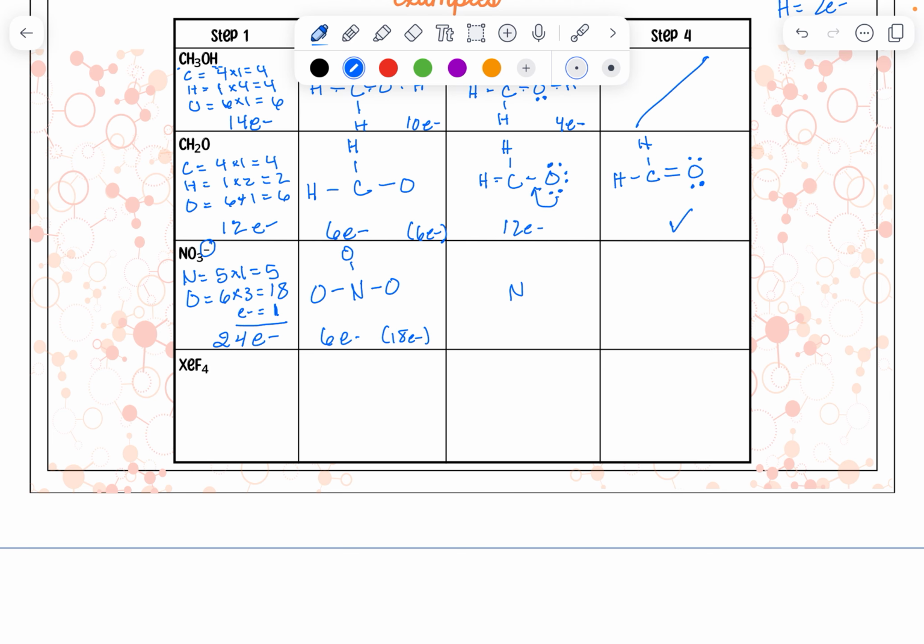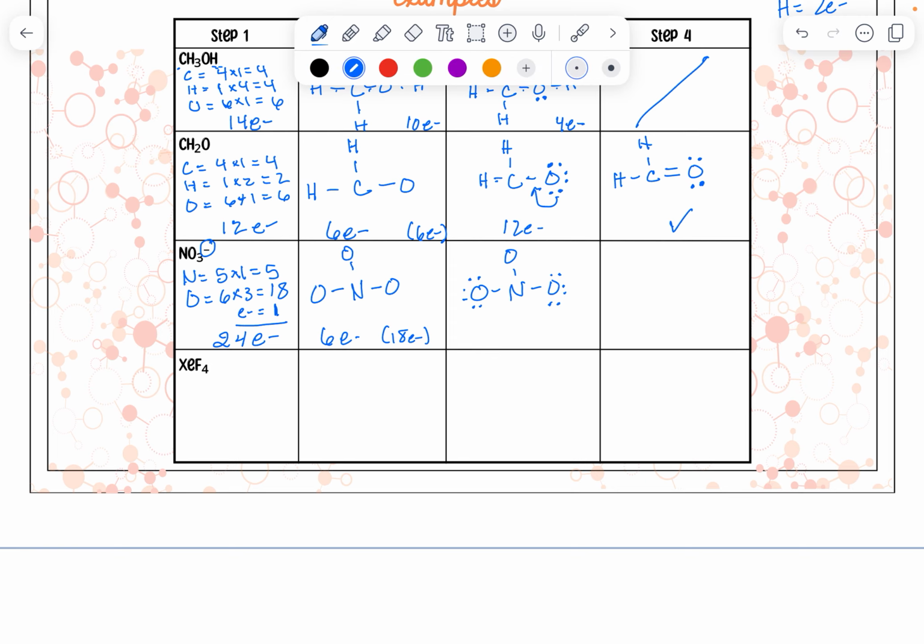So now I'm going to add all my remaining electrons to my oxygens. So I've got lone pairs, and I'm just going to draw around. So I've got 6, 10, 12, 14, 16, 18, 22.